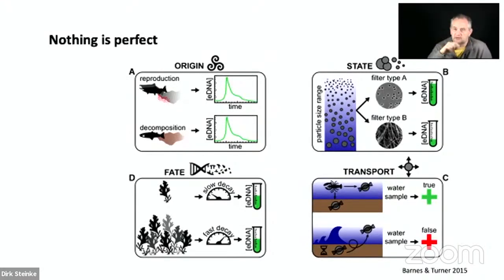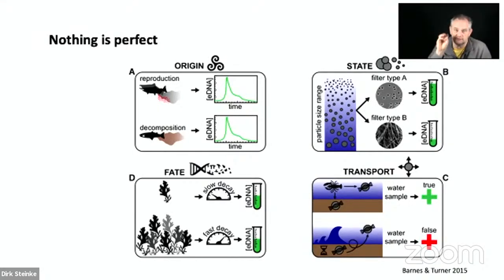If you see a spike of eDNA all of a sudden, it could be because there's a spawning event, which might be something you want to track. But at the same time, it could also be some sort of a mass death event, so it's decomposition of many individuals going on at once. You trace only the eDNA that's released out there, and you see a spike in its concentration. But the sources for that are very different in these two cases.